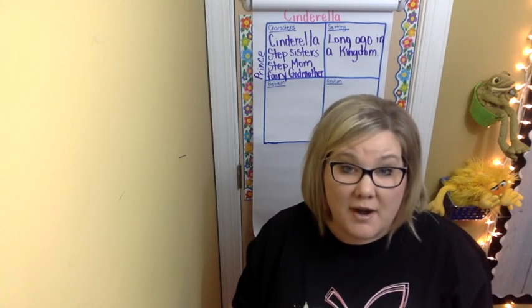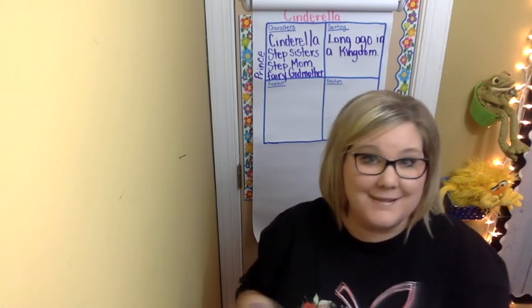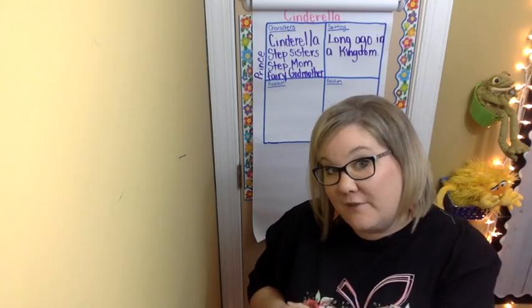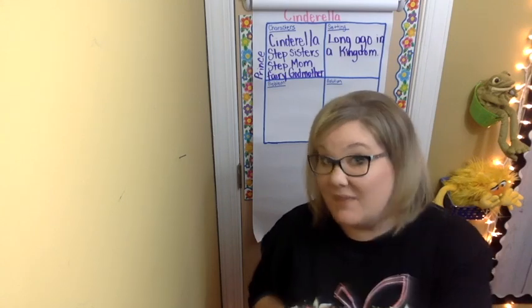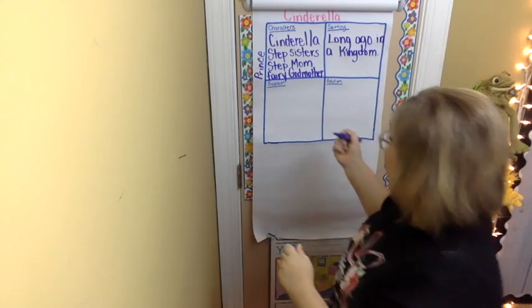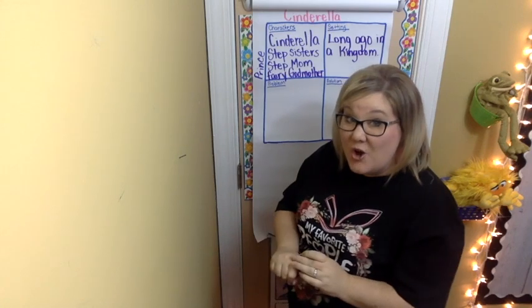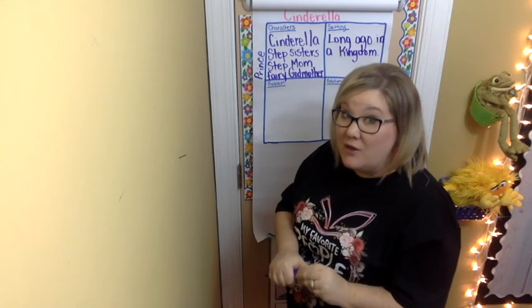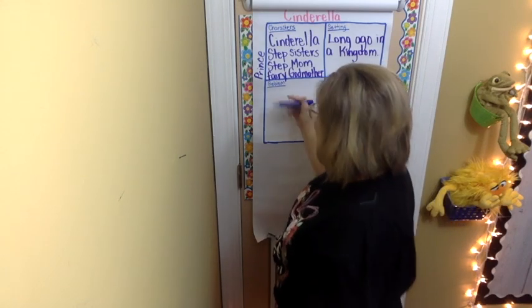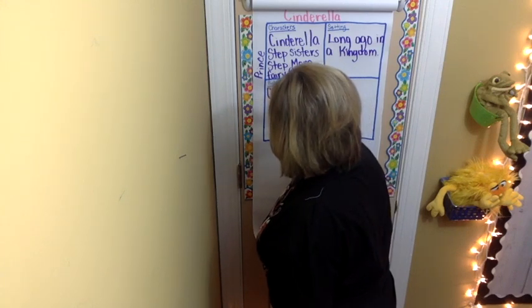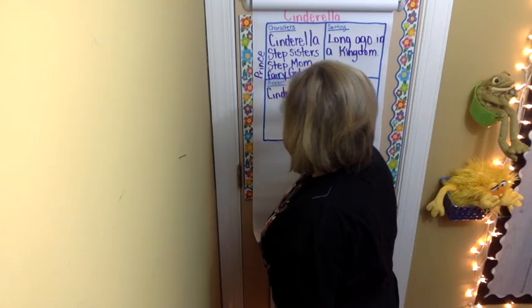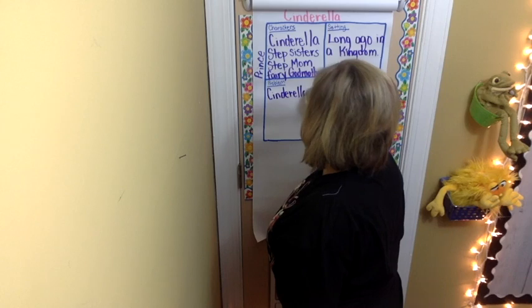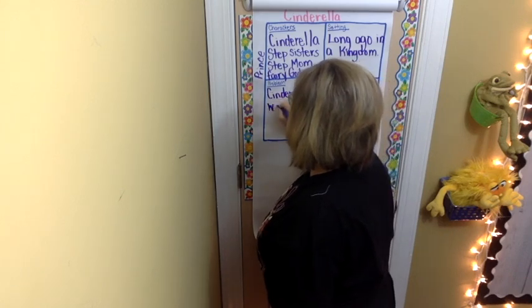Next, we're going to think about the problem and the solution. So in our story, something is wrong and somehow it gets solved. Can you think of anything? I can. Cinderella wanted to go to the ball, but she couldn't go. So that's my problem. Cinderella wanted to go to the ball.